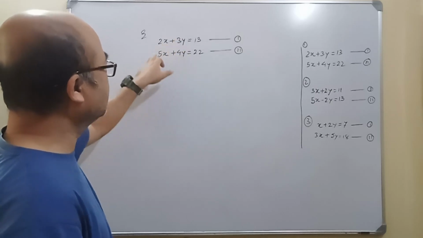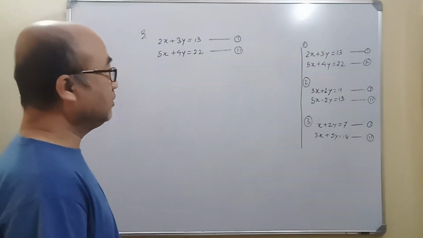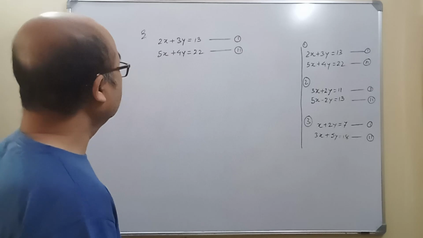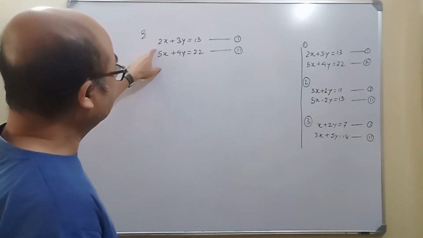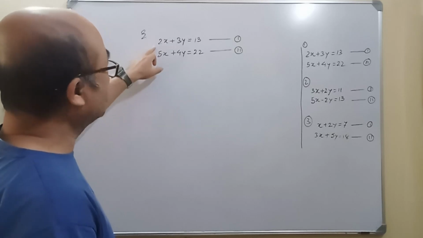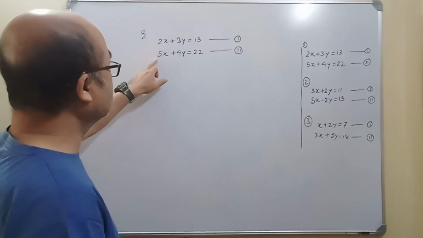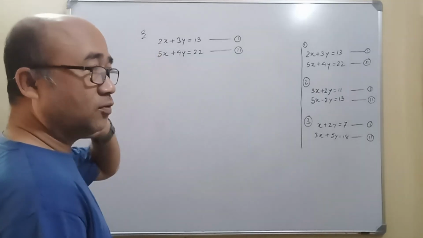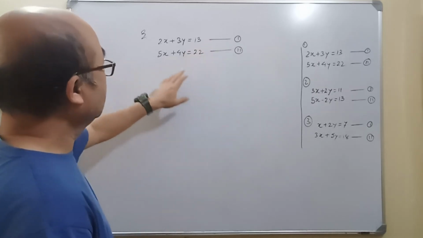So all the coefficients are different. So what I will do is I will make the coefficient of x equal in both the equations. Here it is 2 and here it is 5. So I will make the coefficients equal in both 1 and 2.